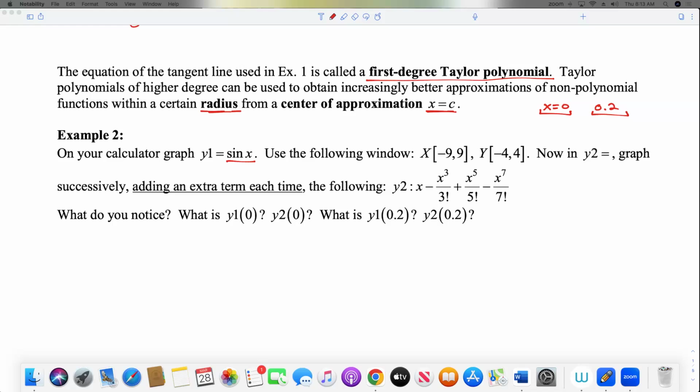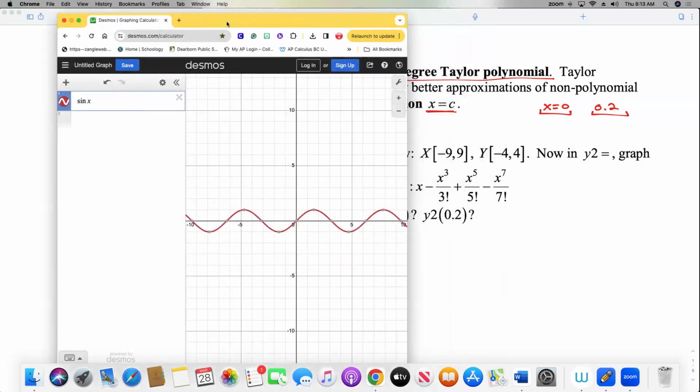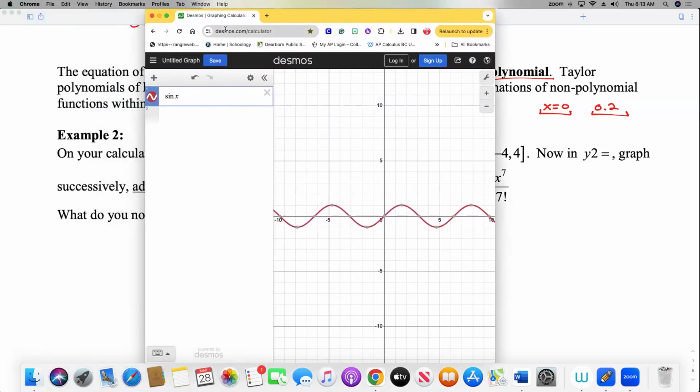Now in y2, we're going to graph successively, adding an extra term each time. The first term is what we just solved for, which is the line, which is x. So you notice that that's our linear approximation from the last example.